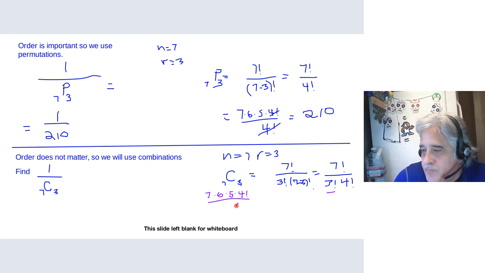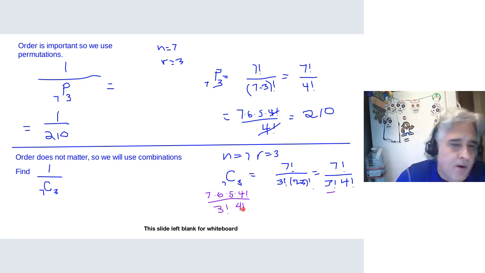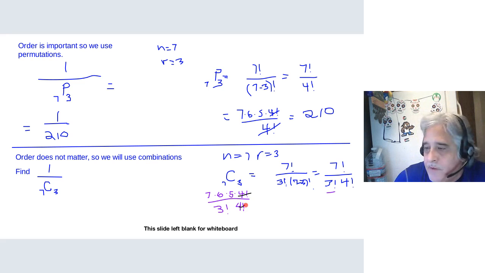I'm going down to 4 factorial because that's the largest one. It is possible for the R to be larger than this one, but usually it's the second one that is, so that's why I go down to that one.